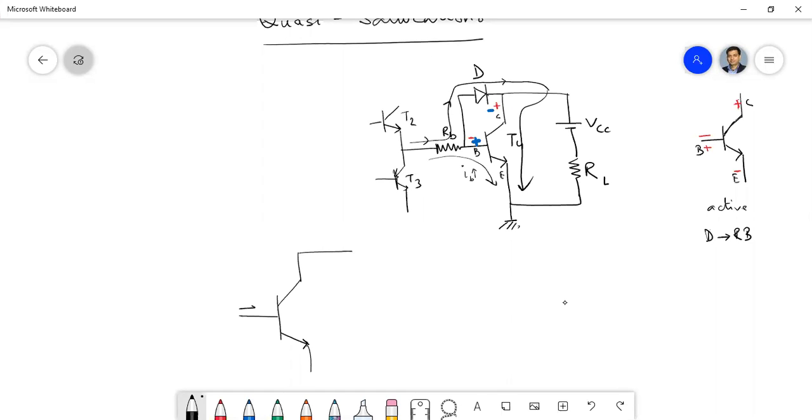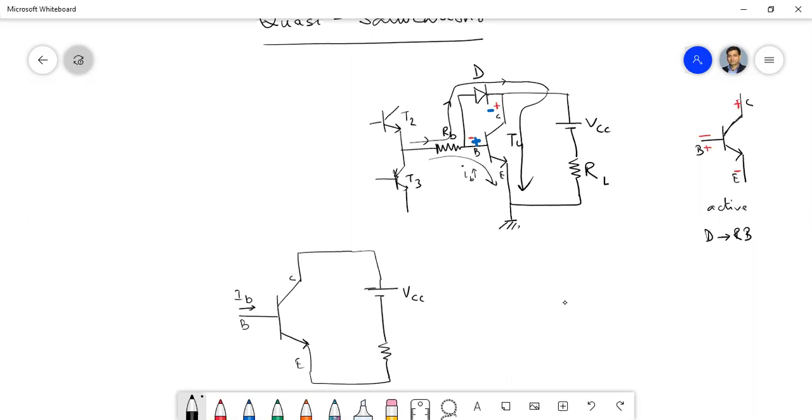Suppose this is the base current. We have the VCC, we have the resistance.